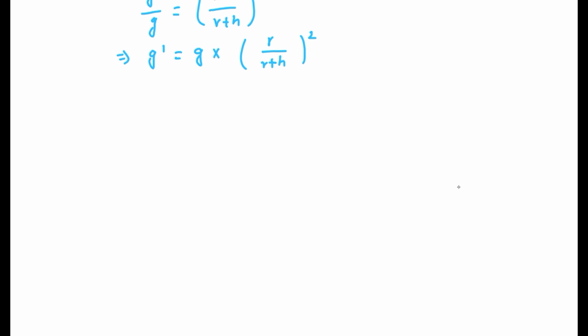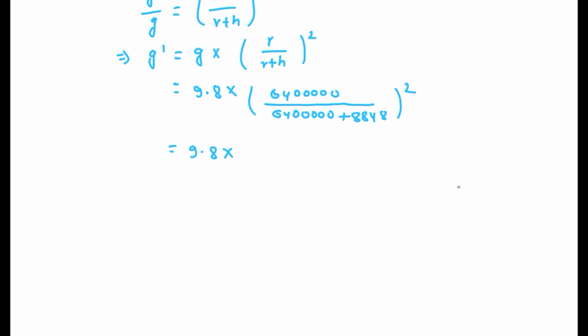The value of g is given 9.8 into, and the value of R is 6400000, by, again, radius is 6400000, plus, and height is 8848, whole square.